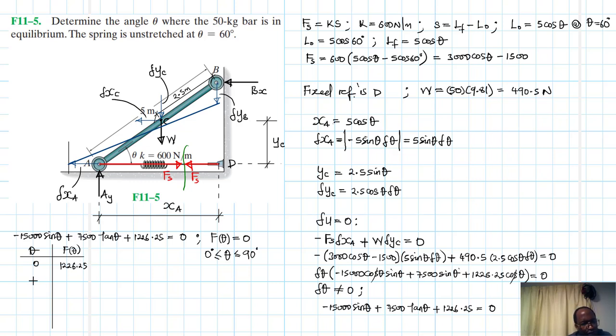And then let's go to 20 degrees: minus 15,000 sine 20 plus 7,500 tan 20 plus 1226.25. So this gives us a minus 1174.